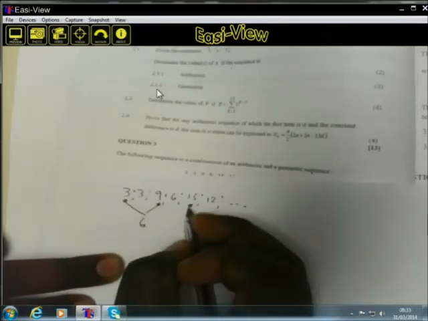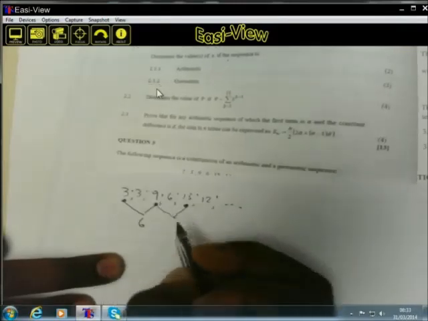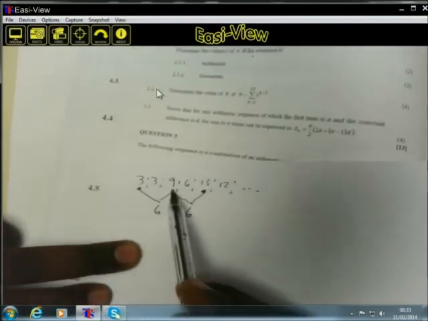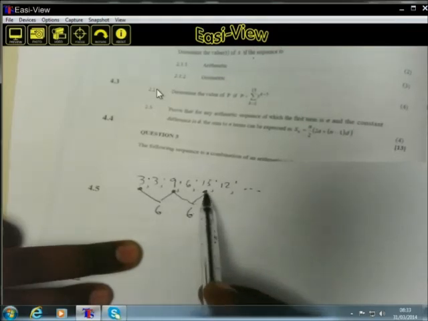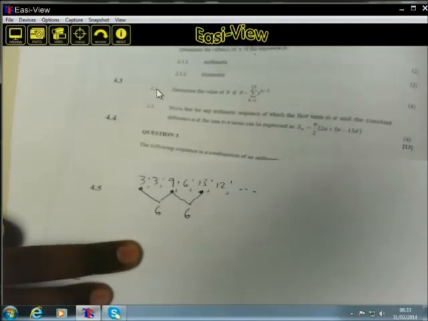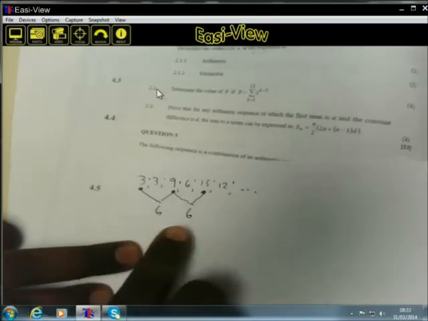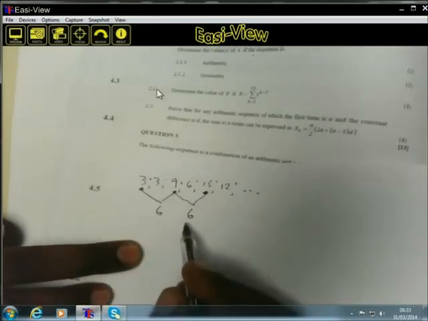And 15 minus 9 also gives us 6. Which means 3, 9, and 15 give us what we call an arithmetic sequence, because we have a common difference of 6.